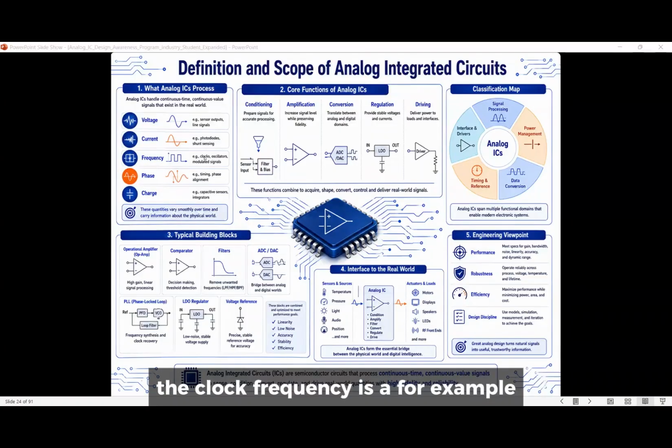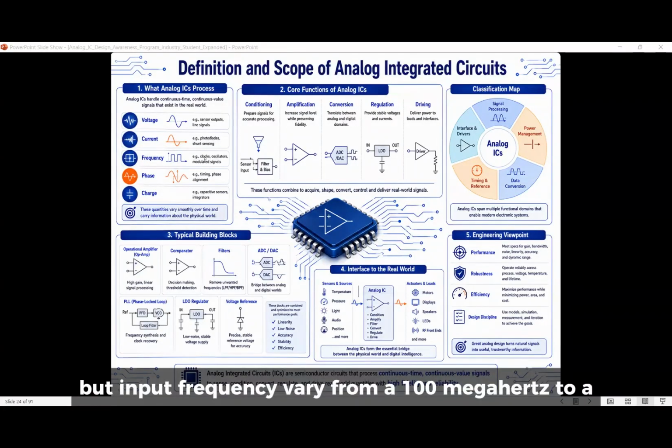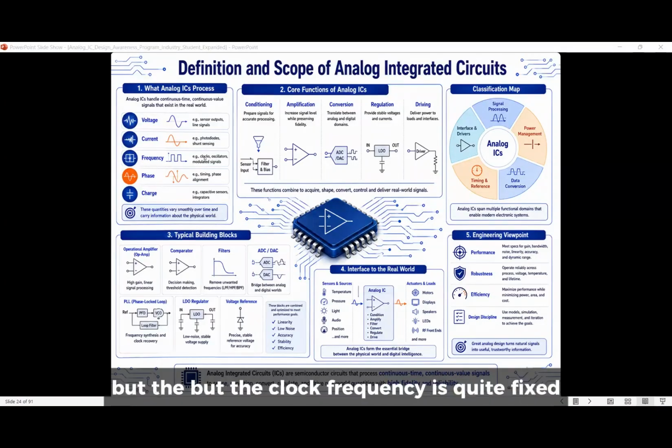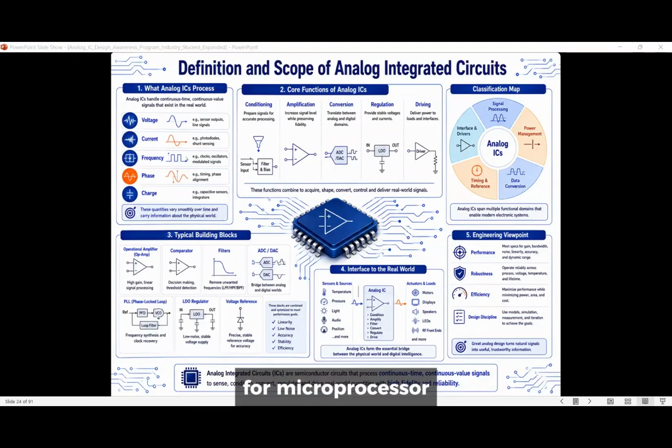For an Intel or AMD chip, the clock is maybe 5 gigahertz or even higher. But the input frequency varies from 100 megahertz to even higher frequencies. So it's a wide frequency range, but the clock frequency is quite fixed for a microprocessor.